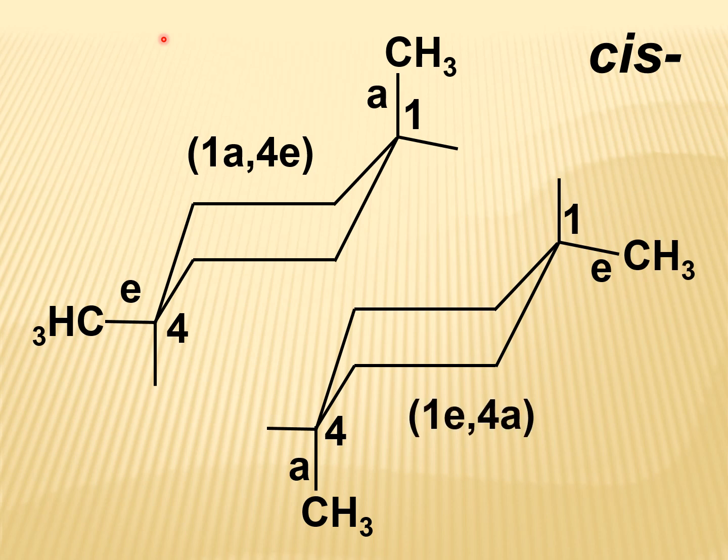In both these cases there is one axial substituent, and whenever there is one axial substituent there will be diaxial interactions. So the stability of these two is equal and it will be medium stability compared to the other forms of 1,4-dimethyl cyclohexane.